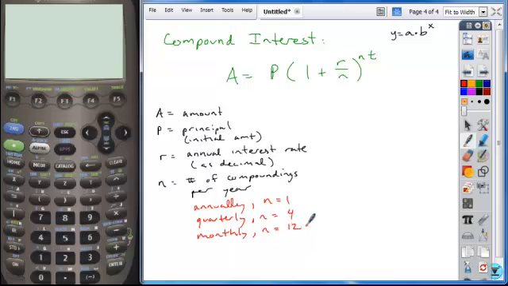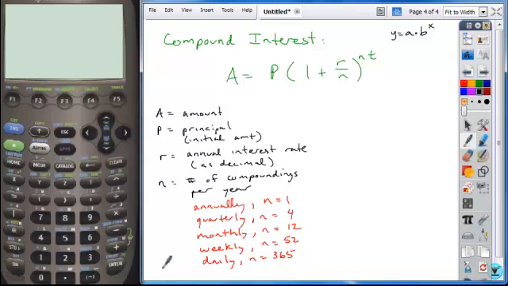It would be 12. And then what if it's weekly? 52. Okay, most likely you're going to see one of the top 3, annually, quarterly, or monthly. But whatever they actually specifically tell you, if it's compounded daily, it would be what? 365. Okay, so those would be the values for N.